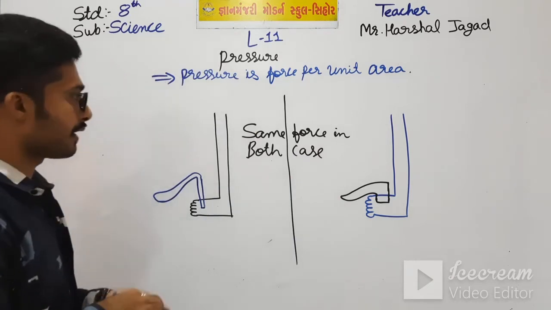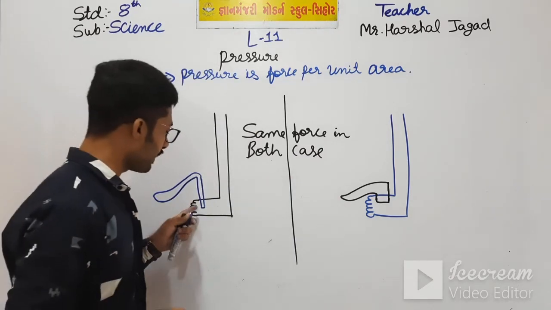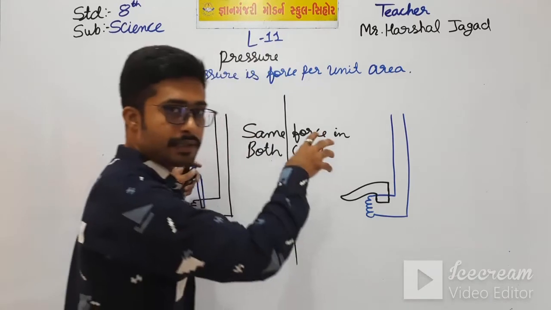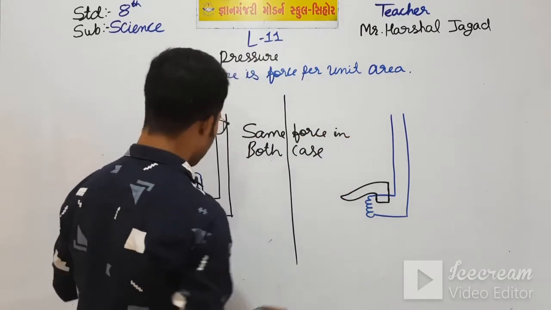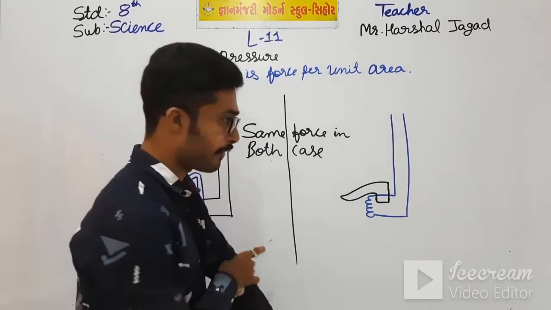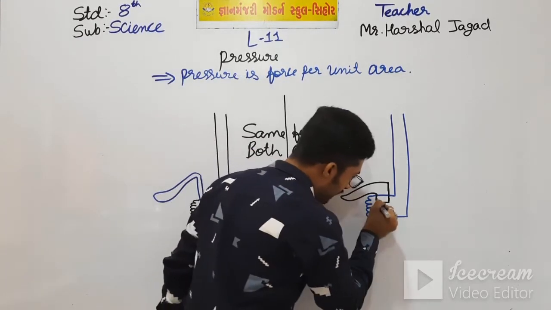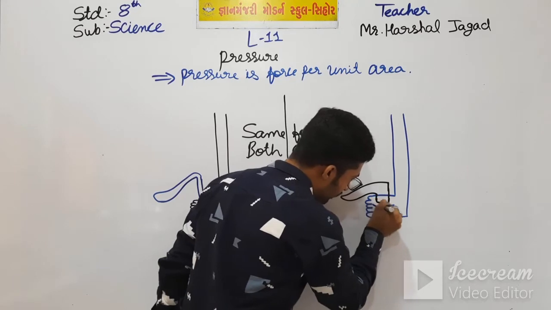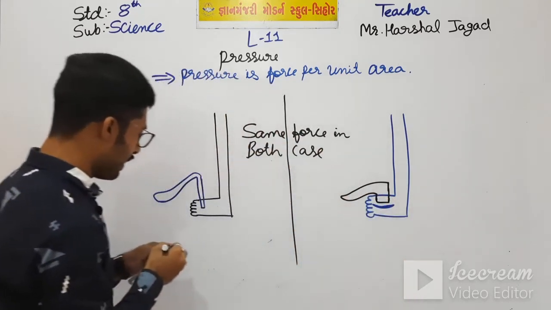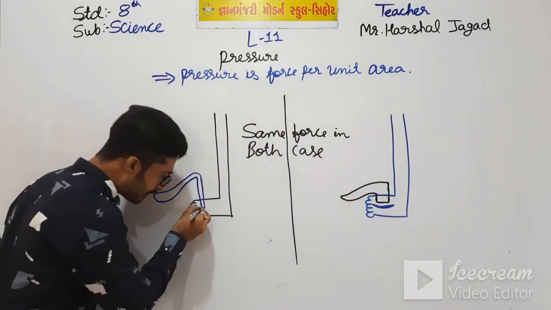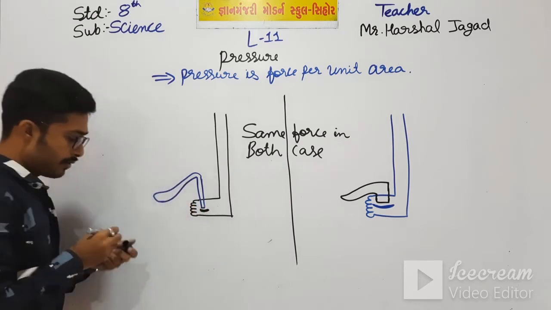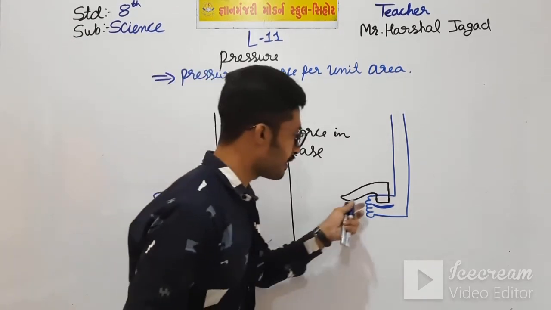Okay students, but here the area is different. Force is applied the same, but the area is different. So here the area is this much, and here the area is this much. From this, which is the small one?